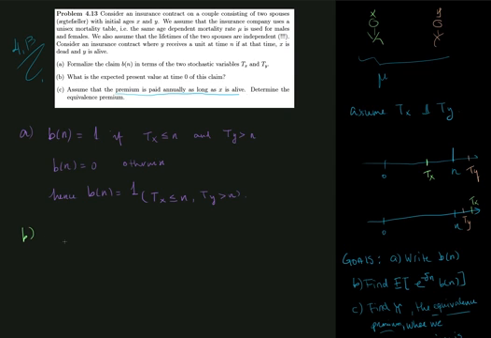In B, we're asked, what is the expected present value at time 0 of this claim? So what is the expected present value of B of n at time 0? As we mentioned earlier, what we want to find is the mean value, the expected value of the present value of B of n at time 0.